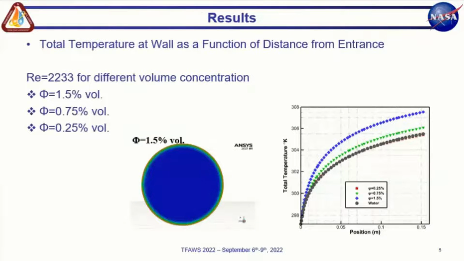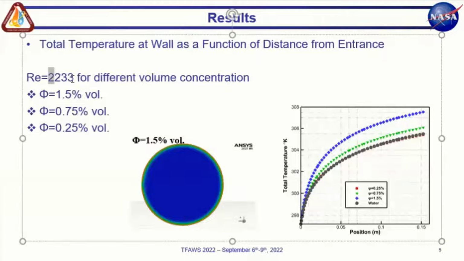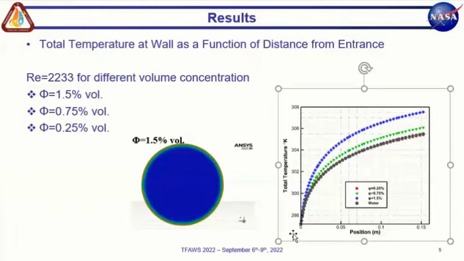So, in terms of results, and this result is for this Reynolds number, we're looking at results for the different concentrations, 0.25, 0.75, and 1.5% by volume. So we see a couple of things here.